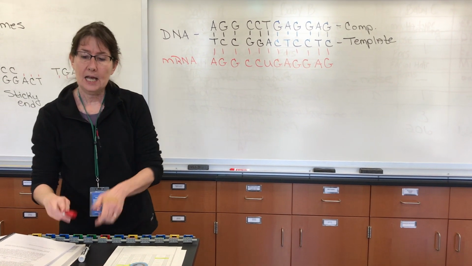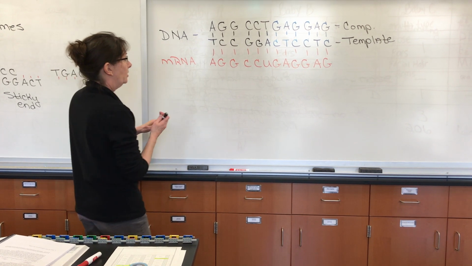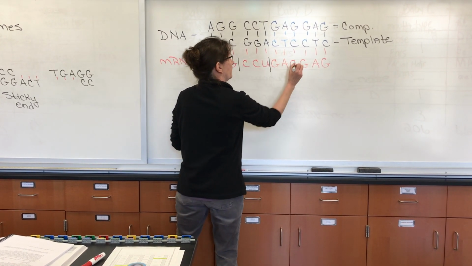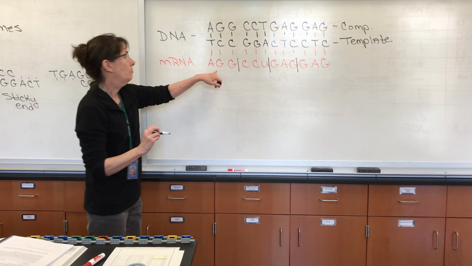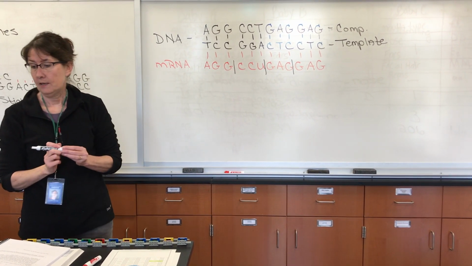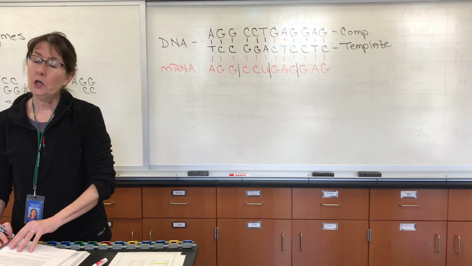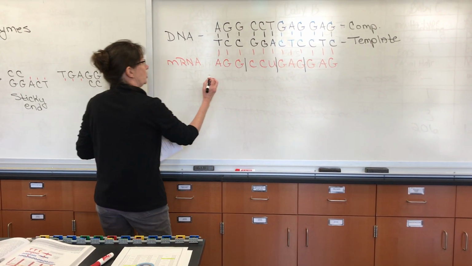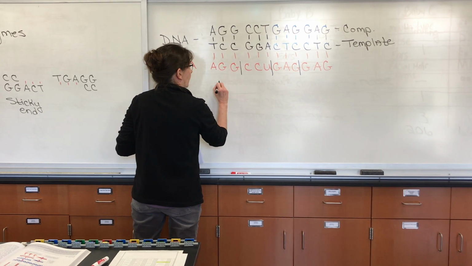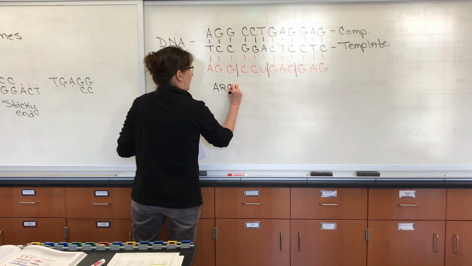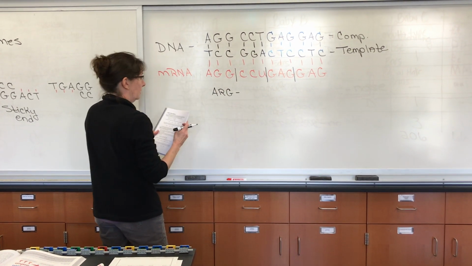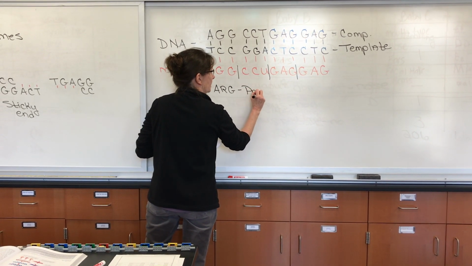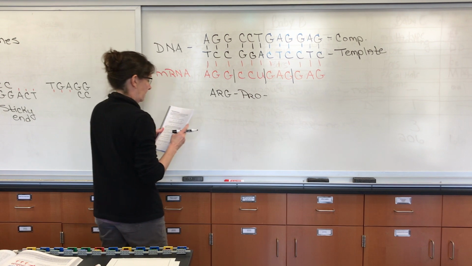And again, we take that messenger RNA molecule and we read it in groups of 3. Each group of 3 is a codon, and that codon codes for an amino acid. So AGG is going to code for the amino acid ARG. CCU is going to code for the amino acid PRO.